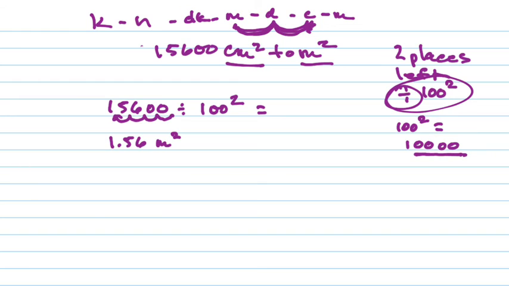If it was perimeter, it would be 2 decimal places. But we're doing area, which is squared. So 2 squared means not 2 decimal places, but 4. In other words, you don't have to do any math at all to convert these. All you have to do is move the decimal. But since we're talking about square units, it's not going to move 2 places. It's going to move 4.